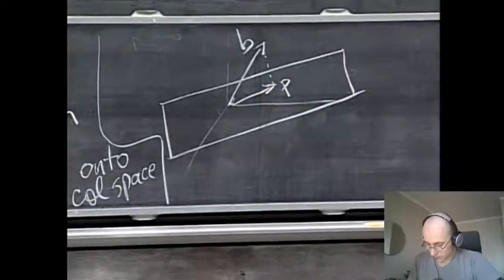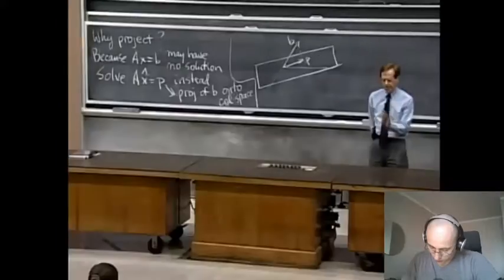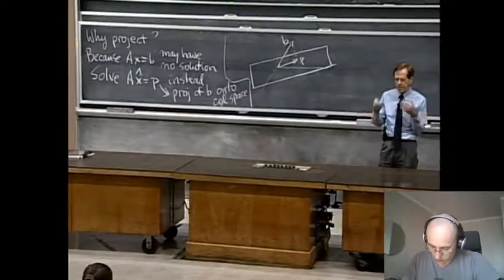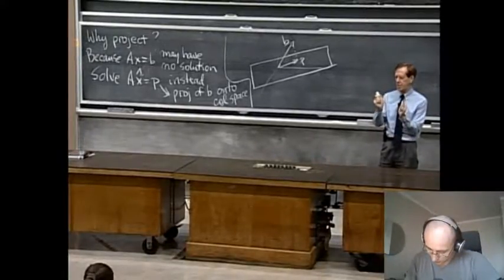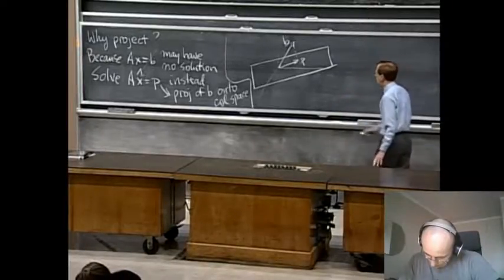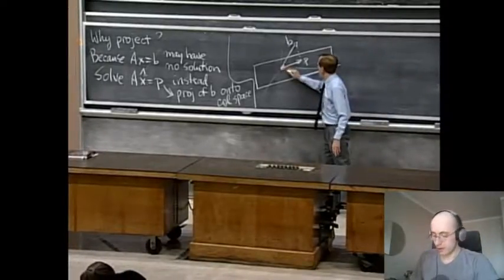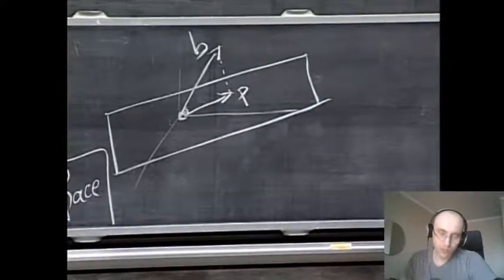So there's my question: how do I project a vector? What I'm looking for is a nice formula for the projection of B into the plane, the nearest point. I'm counting on linear algebra to just come out right.